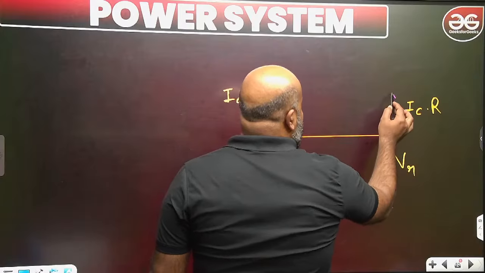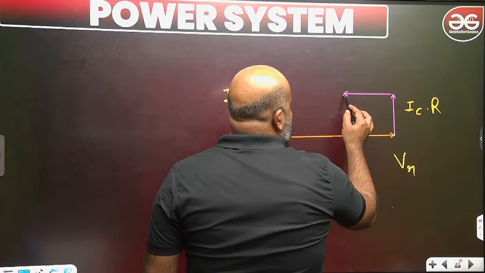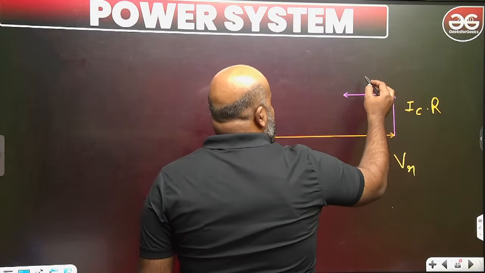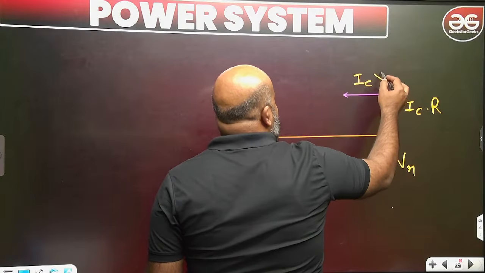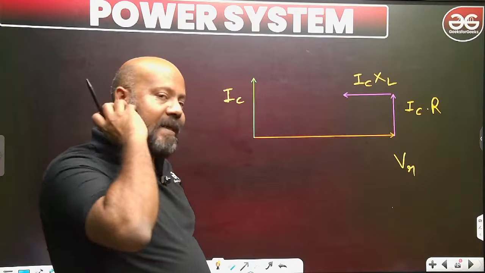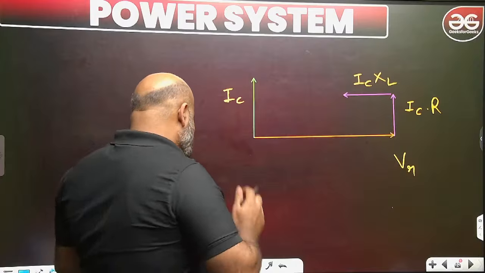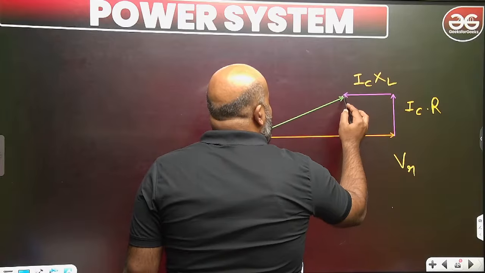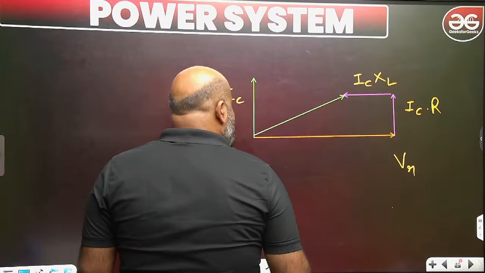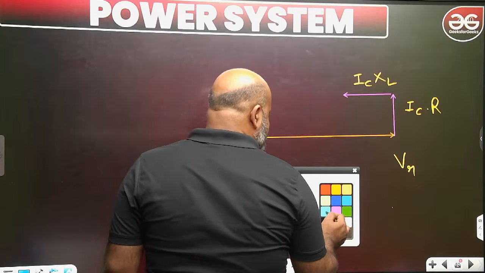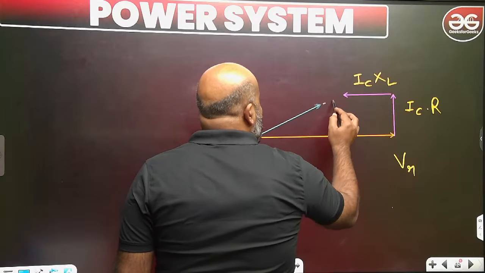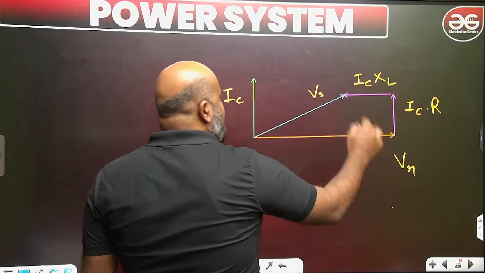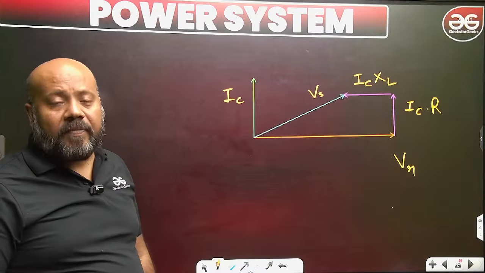The jXL drop is going to be like this. So this is IC into XL, the series reactance of the line. Now what you are getting is your sending end voltage, Vs. I hope you are getting this phasor diagram.